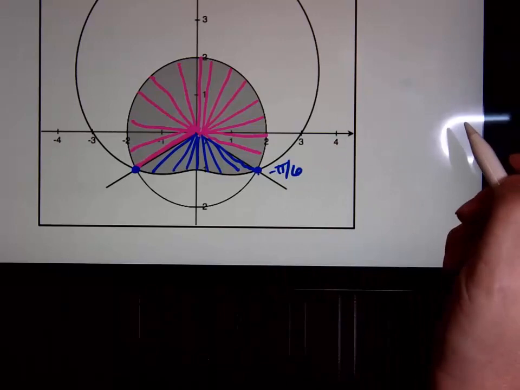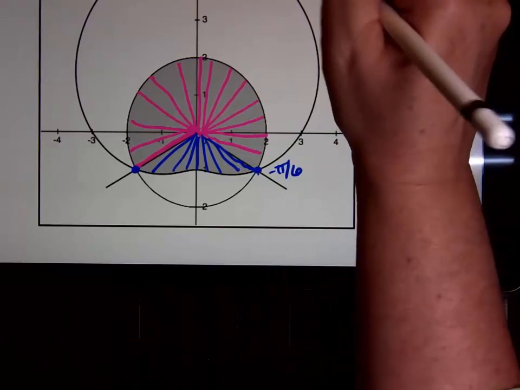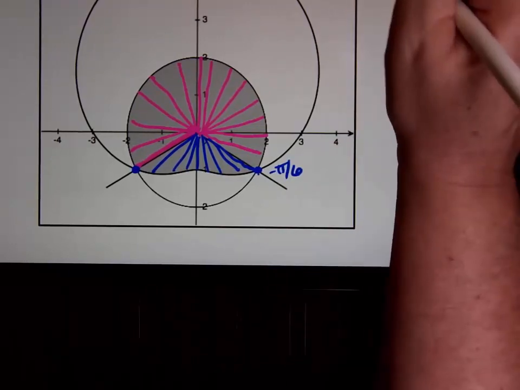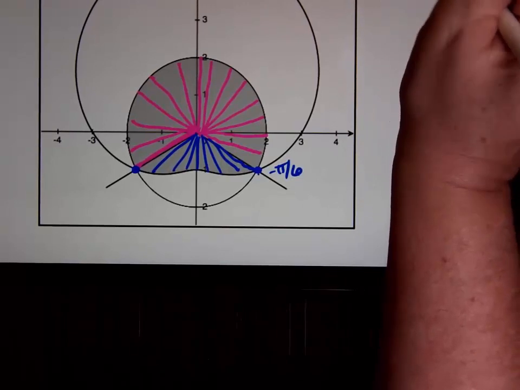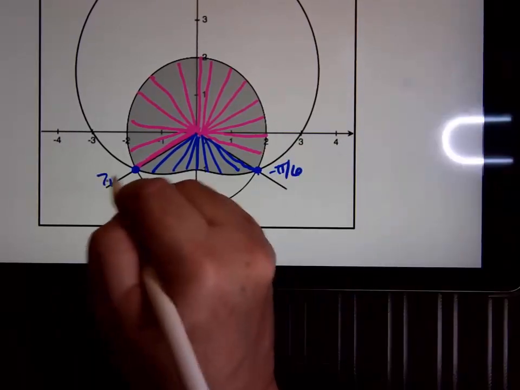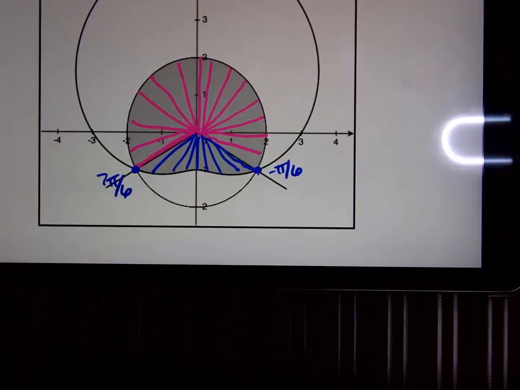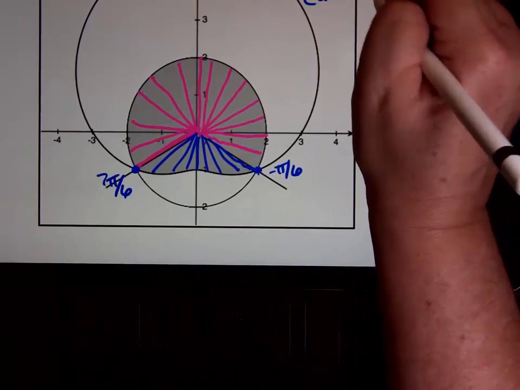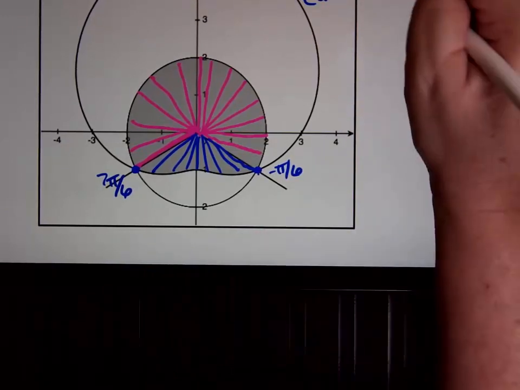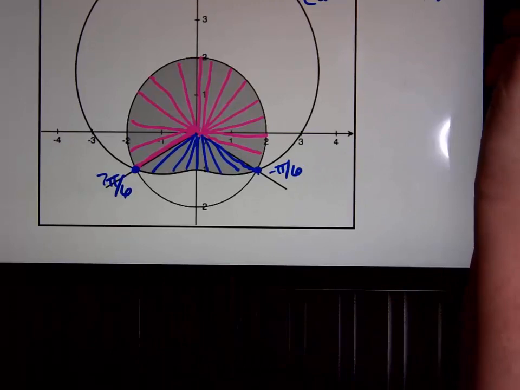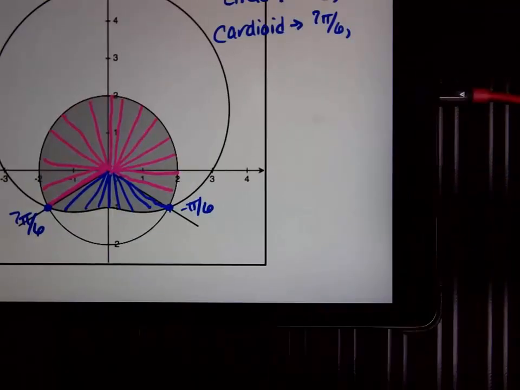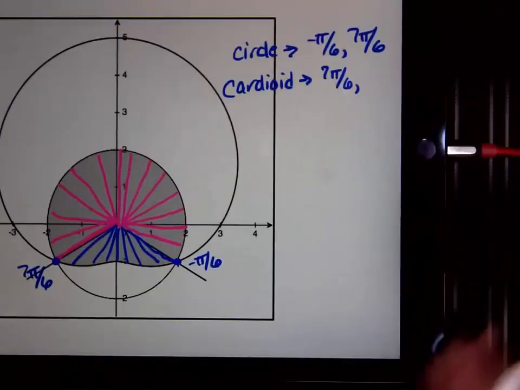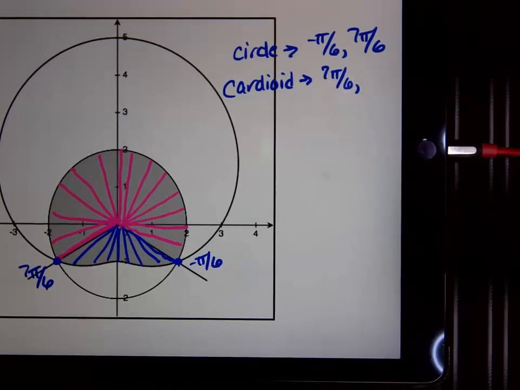So I'm going to do the circle from negative pi over 6 to 7 pi over 6, just like I did before. And then I'm going to do the cardioid from 7 pi over 6 to... 11 pi over 6.